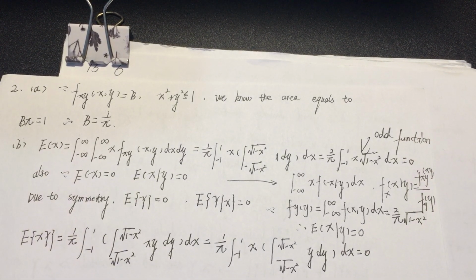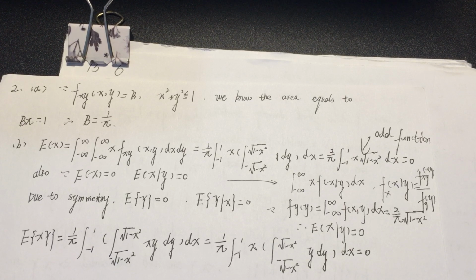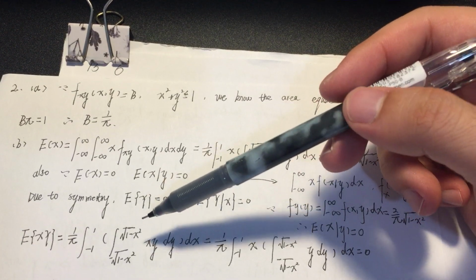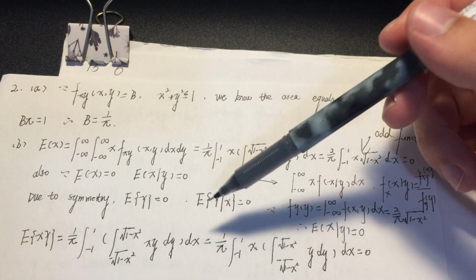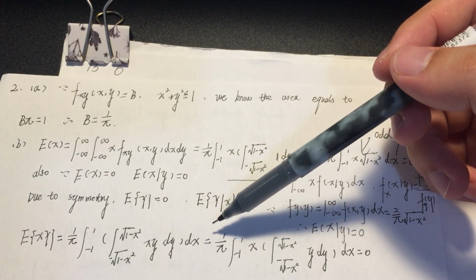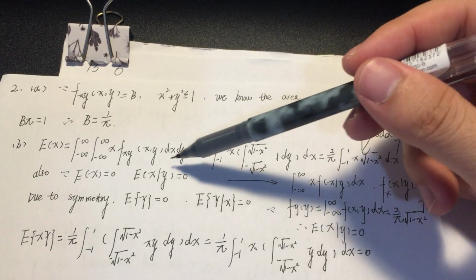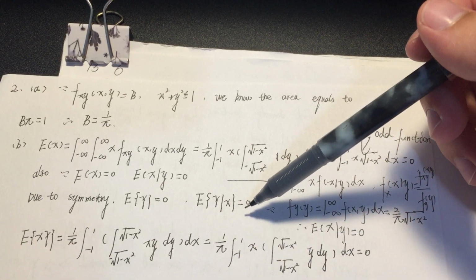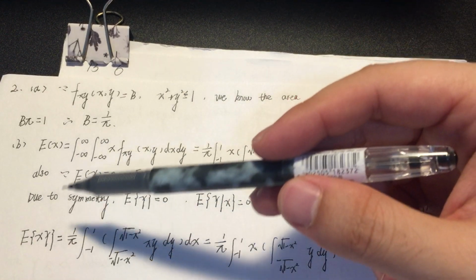Because it's a circle, it has the property of symmetry. So the expectation of y, the conditional expectation of y given x, is the same as before. They all equal 0.